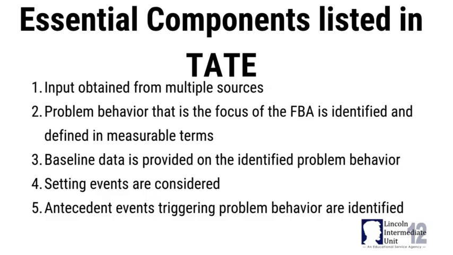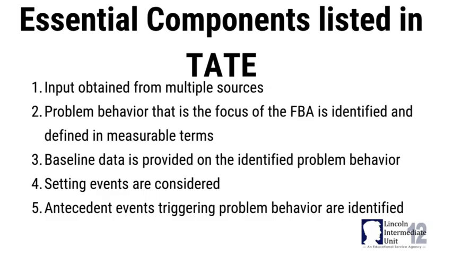Two, problem behavior that is the focus of the FBA is identified and defined in measurable terms. So, making sure you really operationalize the definition of the behavior. Three, baseline data is provided on the identified problem behavior. This is so important because if we don't know where the student started, it's hard to tell if what we're doing is working to see growth while we progress monitor.